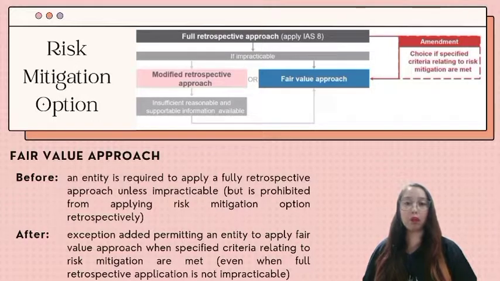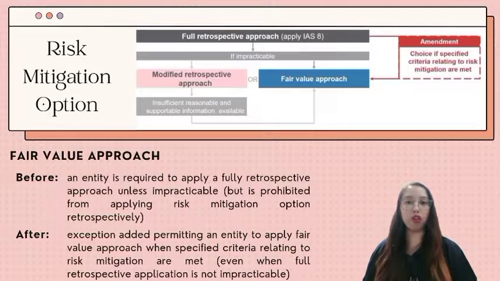So, yung pangalawang amendment naman po ay pinapayagan na po ng IFRS 17 yung entity na may information to apply a full retrospective approach to instead apply the fair value approach for a group of insurance contracts with direct participation features kapag na-meet po yung mga specified conditions sa risk mitigation.